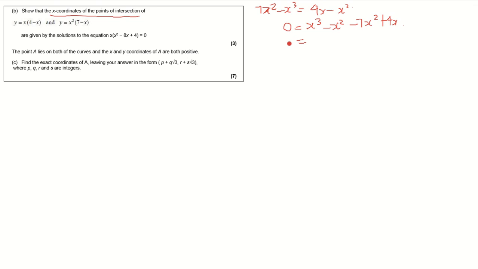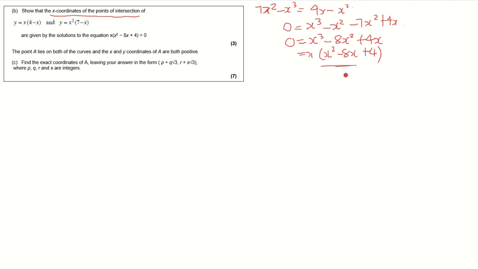So x cubed minus 8x squared plus 4x equals 0. If I factorize x, you get x(x squared minus 8x plus 4).